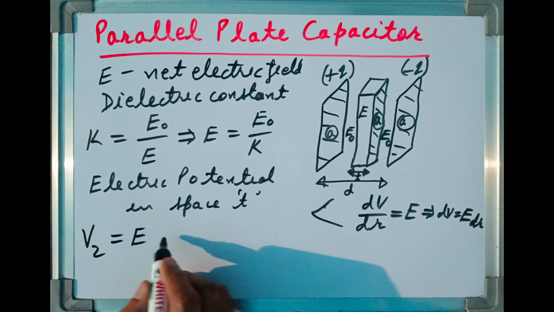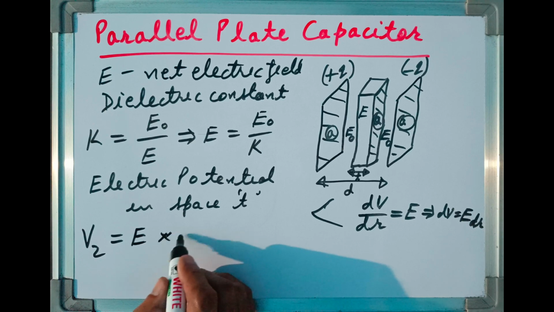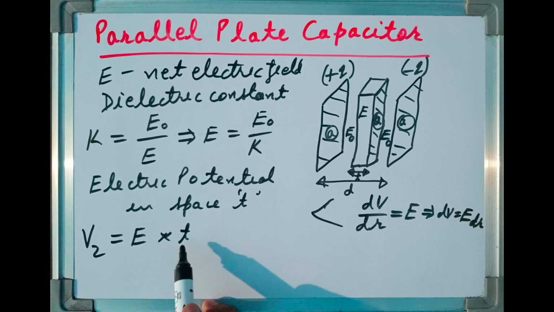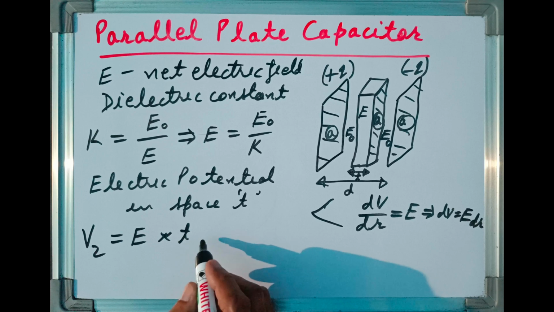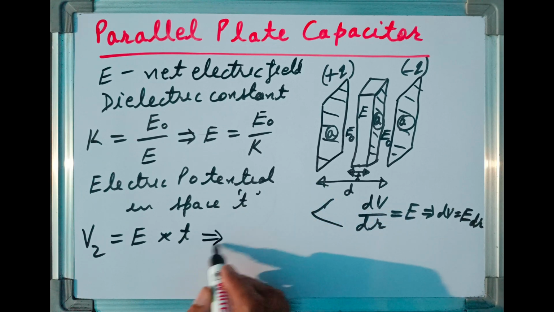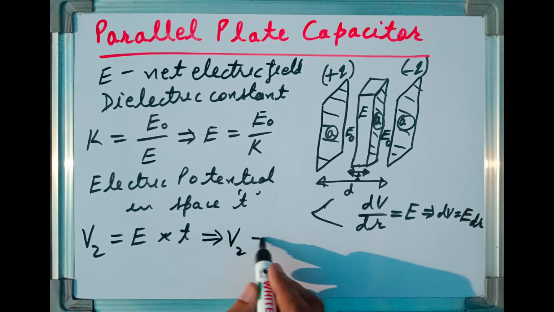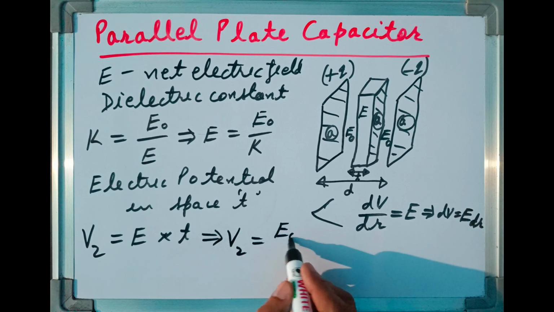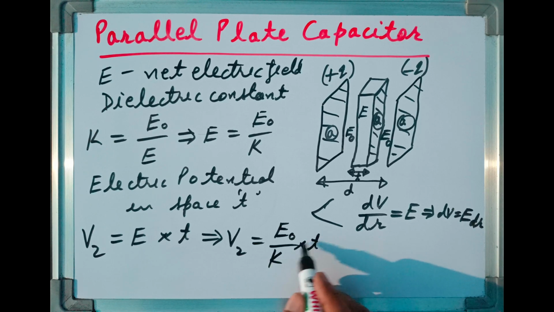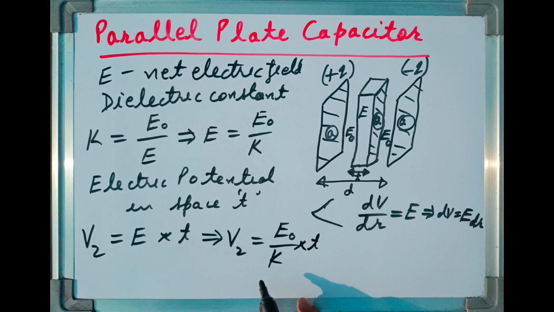It will be E multiplied with t. Again, by using the definition of potential gradient, potential can be written equal to electric field multiplied with space. After putting the value of E, we can write V2 is equal to E naught by K multiplied with t, where K is dielectric constant of the dielectric material.